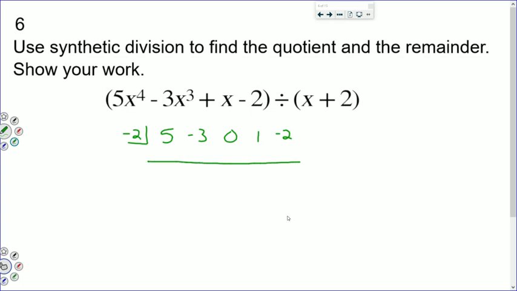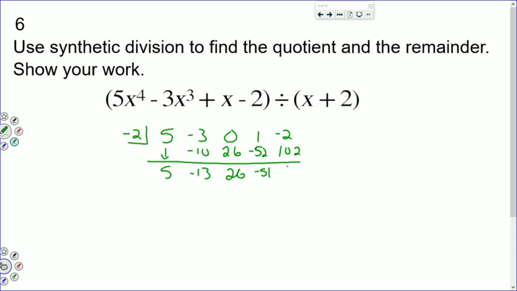So we are trying to find the quotient and the remainder. So we drop down the 5. Negative 2 times 5 is negative 10. Negative 3 plus negative 10 is negative 13. Negative 2 times negative 13 is positive 26. 0 plus 26 is 26. Negative 2 times 26 is negative 52. 1 plus negative 52 is negative 51. Negative 2 times negative 51 is positive 102.